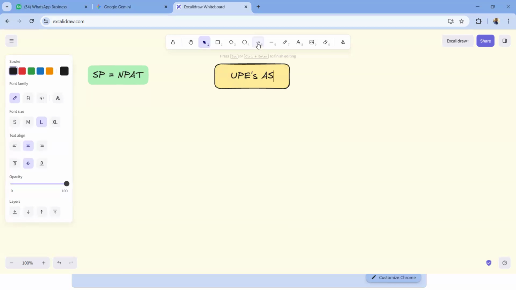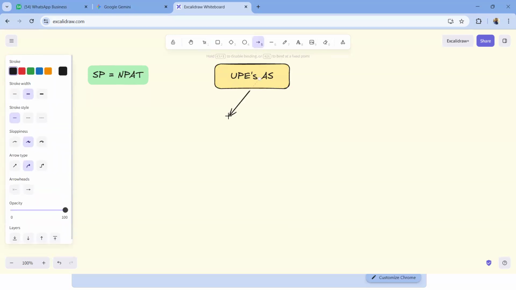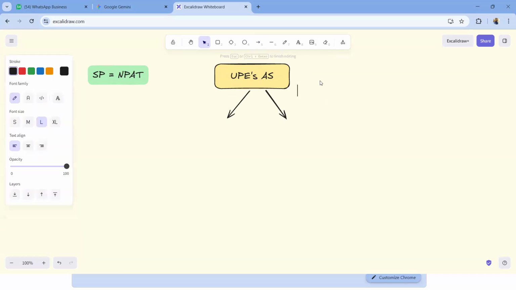Now, is it practicable to use the UPE's accounting standard?